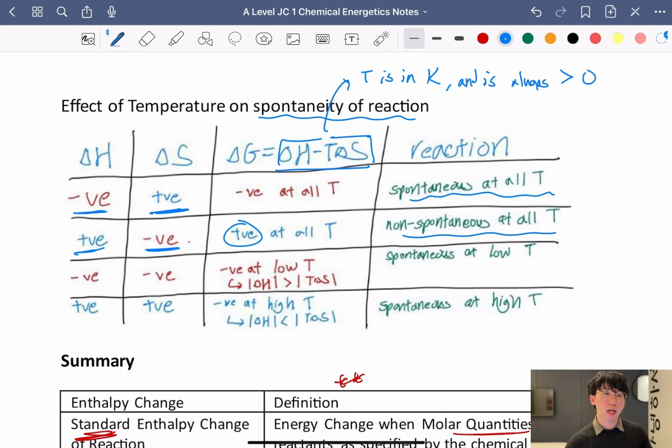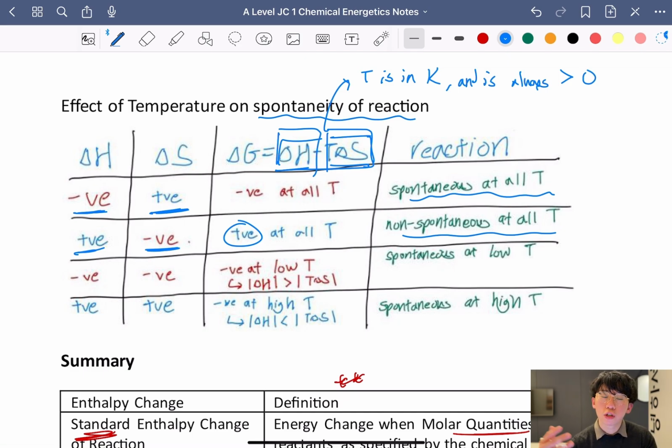Now it gets tricky when delta H and delta S are the same signs. If both of them are negative, you have to look at the magnitude of your delta H and your T delta S. Overall, if my delta H is lower than my T delta S, the delta G is going to be negative. And therefore, it is very dependent on temperature.